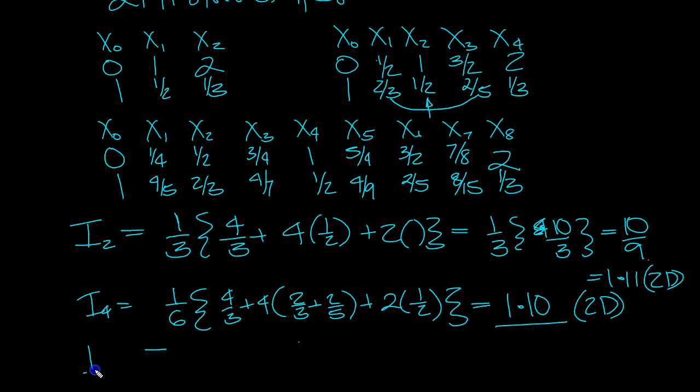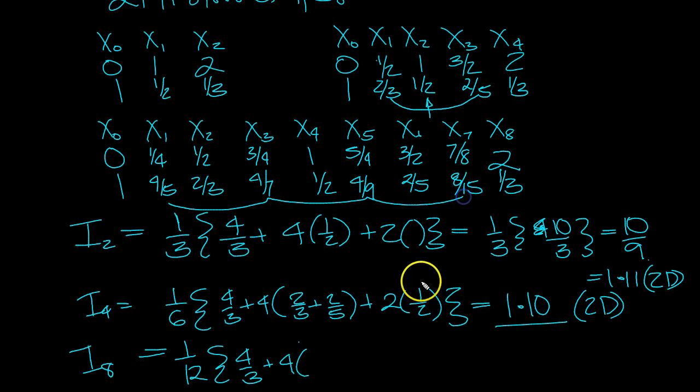Now we need I8, which is equal to d over 3. Here we got a quarter over 3, which is a 12th. The first plus the last is 4/3 again. Plus 4 times the odds, 1, 3, 5, and 7.